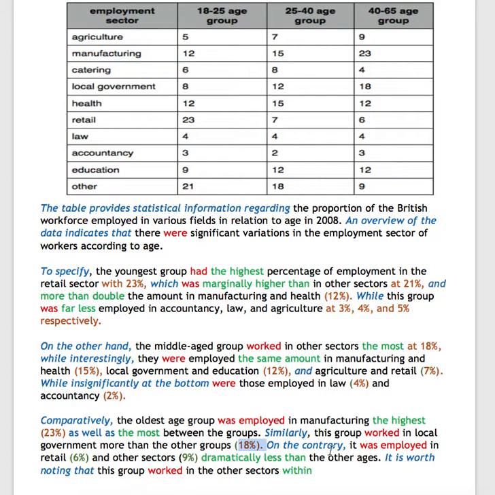On the contrary, so on the other hand, like not the same, this group was employed in retail 6% and other sectors 9%, dramatically less than the other ages. Really? 6. Well, I wouldn't say the other age is probably the youngest group here.